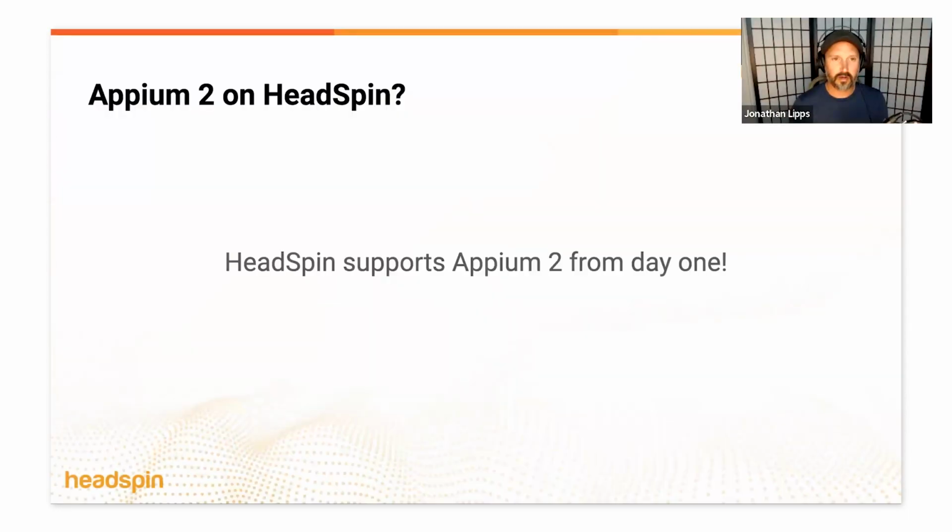So let's close by talking about Appium 2 on HeadSpin. So if you're not familiar with HeadSpin, HeadSpin is an Appium cloud. It's a whole lot more than that. There's all kinds of amazing features, but the purpose of this talk isn't for me to sell you on HeadSpin.